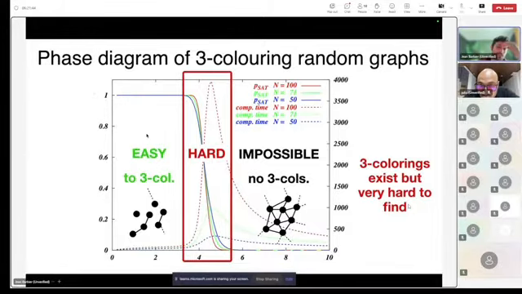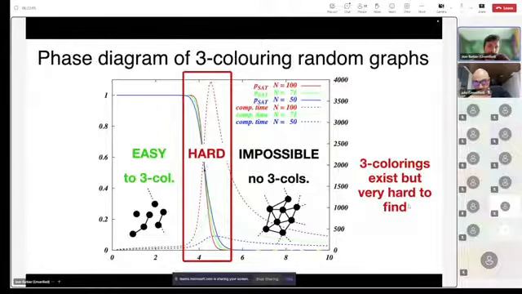We have an easy regime for colorings at low connectivities, a hard regime, and then a regime where it's impossible. The probability to find a graph that is colorable is 0. So it's impossible. And this is the only region where free colorings exist.